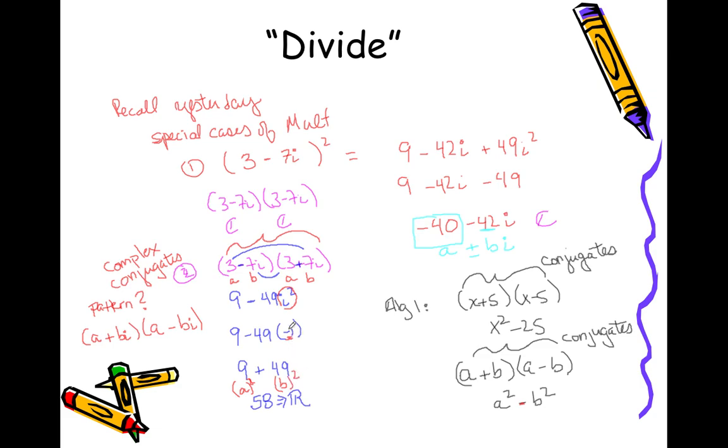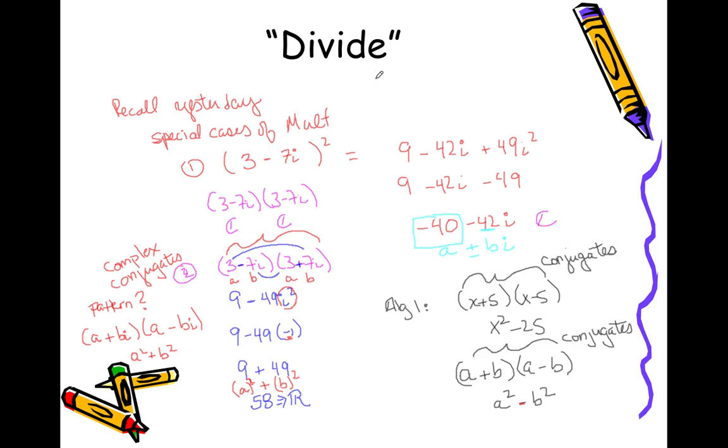But the i squared turns this negative into a positive. So the complex conjugate pattern, if you don't actually have to multiply them out, it's just a squared plus b squared.